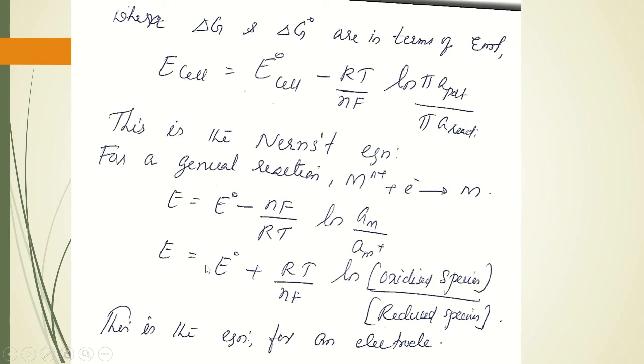So E is equal to E0 plus RT by nF into ln of activity of the oxidized species divided by activity of the reduced species. This equation is a general equation for the electrode reaction.